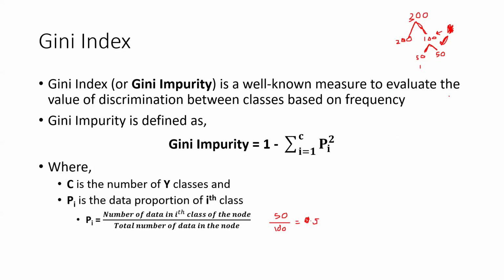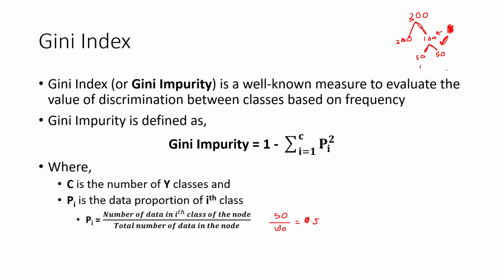That means if they are divided 50 by 50, they are not discriminating too much, right? If it is divided like 90 for one class and 10 for the other, then it would be classifying more, right? That means with much discrimination. So this discrimination is measured by this Gini index.